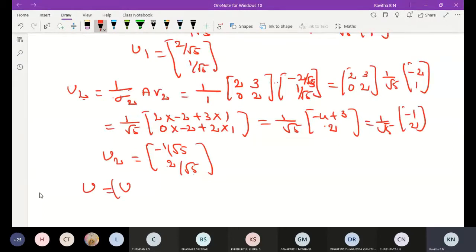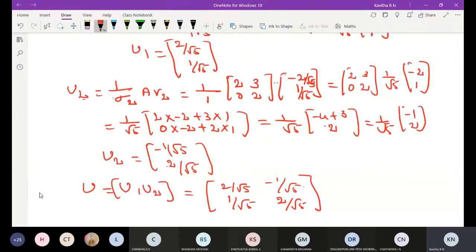Okay, u is equal to u1, u2: 2 by root 5, minus 1 by root 5, 1 by root 5 and 2 by root 5. Substitute the u1 matrix here. Understood how to find u1 and u2?